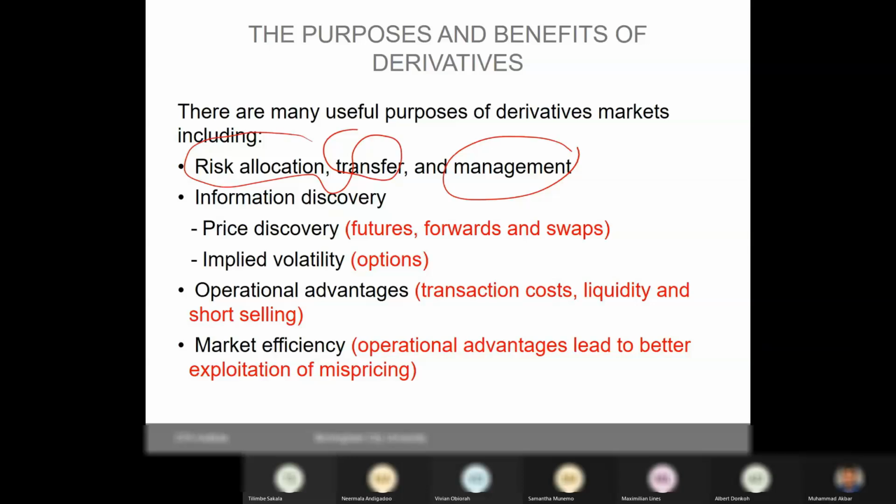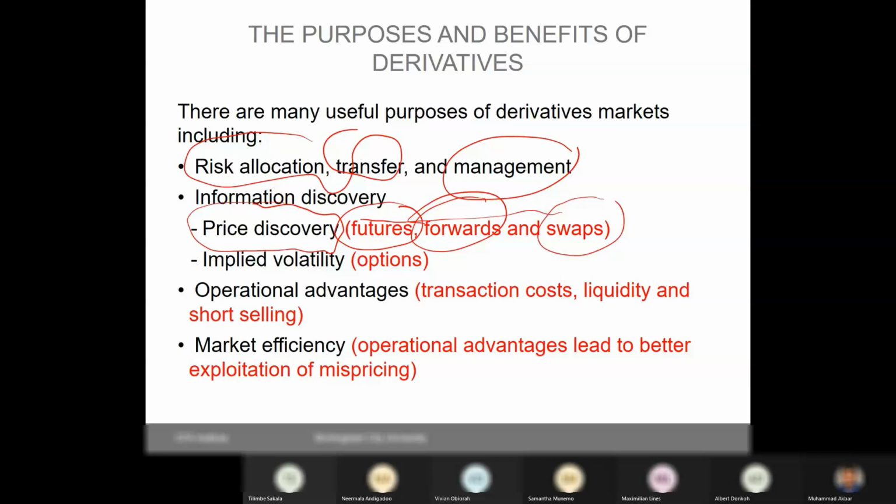Derivatives are quite useful for price discovery. If you want to know what will be the spot price of oil 6 months from now, you can look at the oil futures contract, oil forward contracts, or if there are swap contracts on certain commodities or certain financial securities, you can use these to estimate the spot price in future for the underlying.